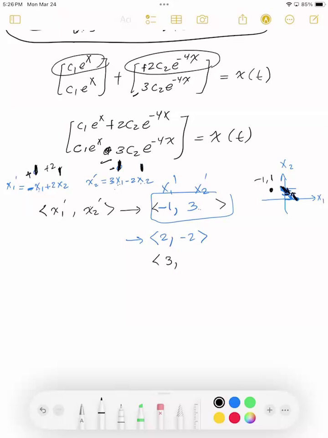So I get -3 minus 2 gives me -5. So if I go to this point, I get +3, and -5. You get a vector like that. So that's how you get an idea about the directions of the vectors, and then you can pick the right answer. So I stop here.